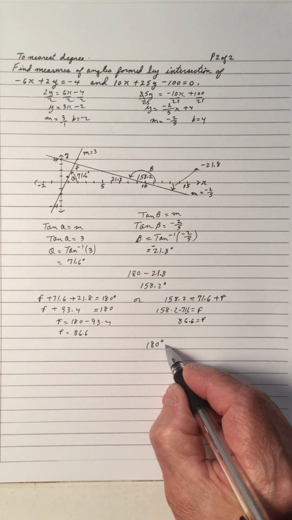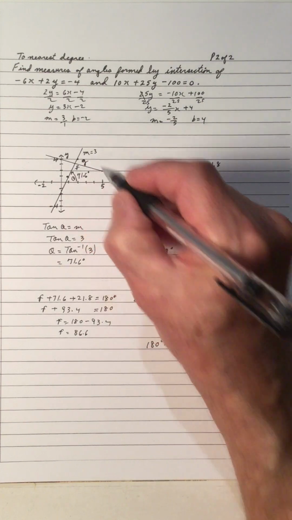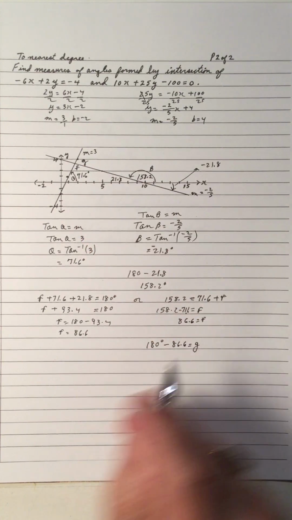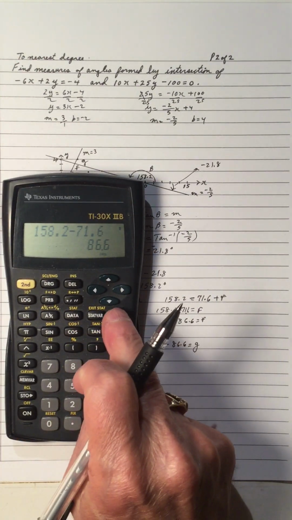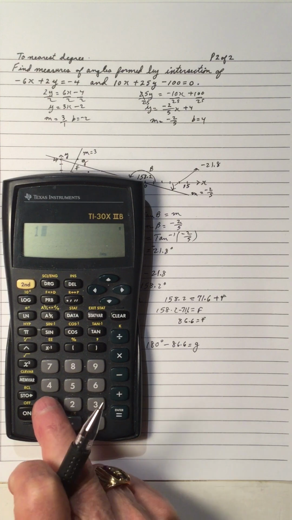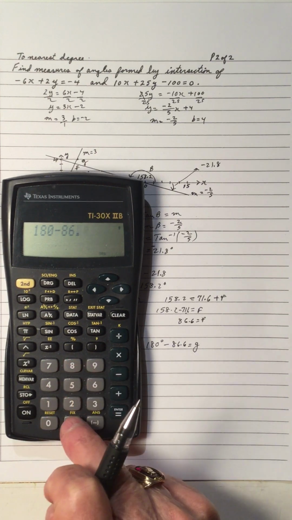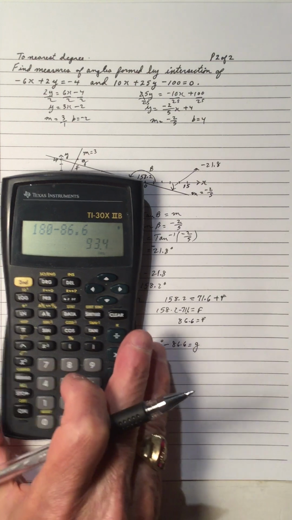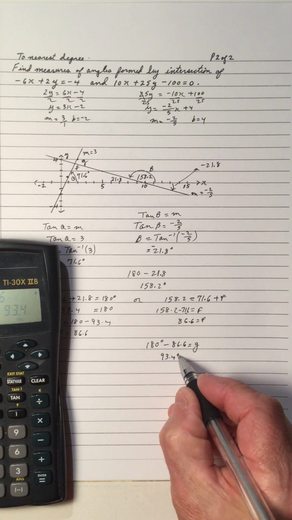So 180 subtract 86.6, let's call this G. If you take 180 and subtract 86.6, you get 93.4. So that's the angles.